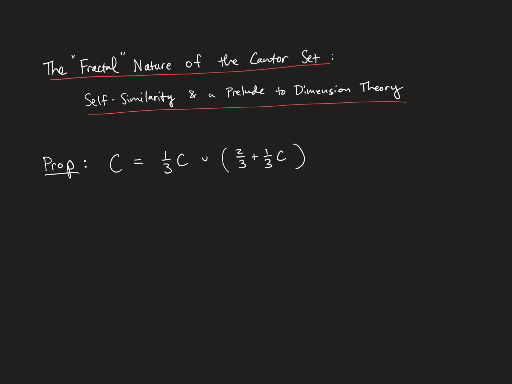In other words, the Cantor set is two copies of itself scaled by 1/3. You scale the Cantor set by 1/3, take another one and translate it by 2/3, and you get the Cantor set back. So the Cantor set is two copies that are a third as big. If you take the Cantor set and scale it by a third, two of those copies will cover the original set.